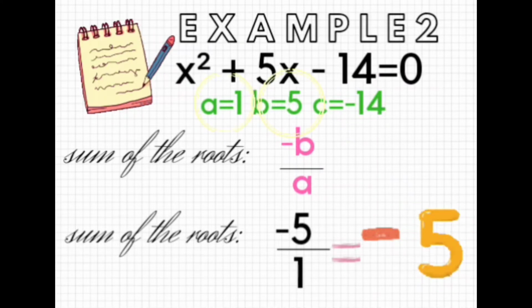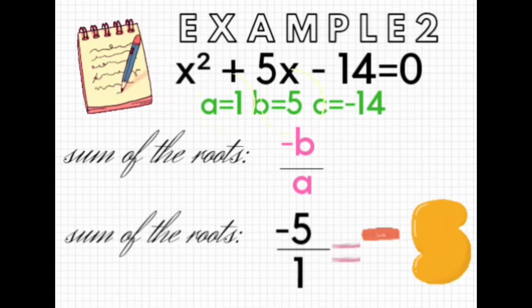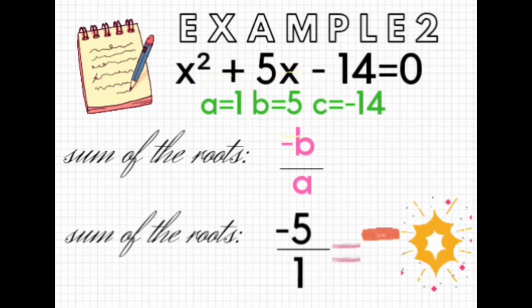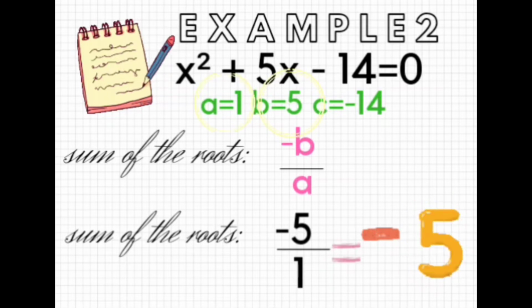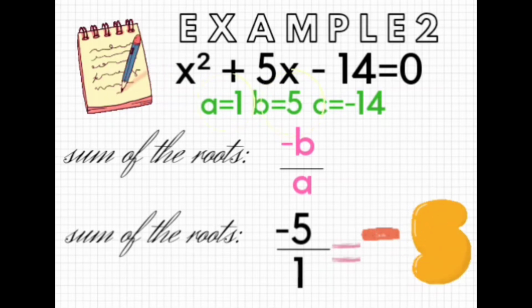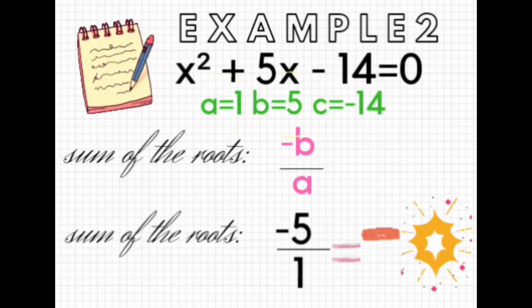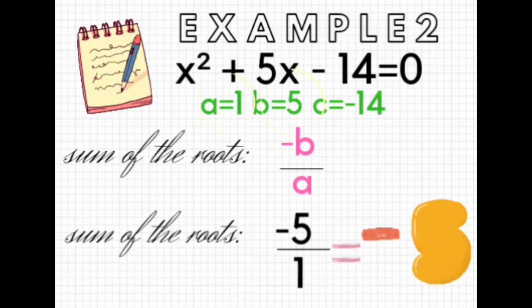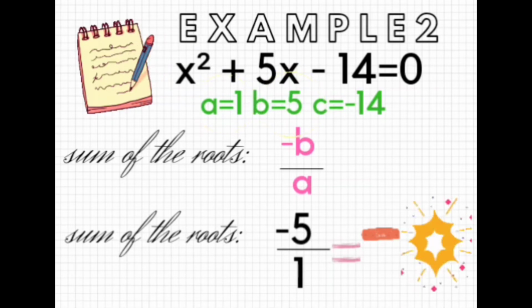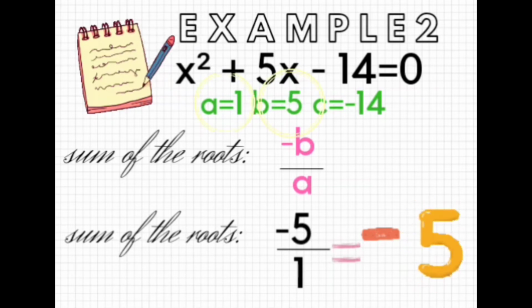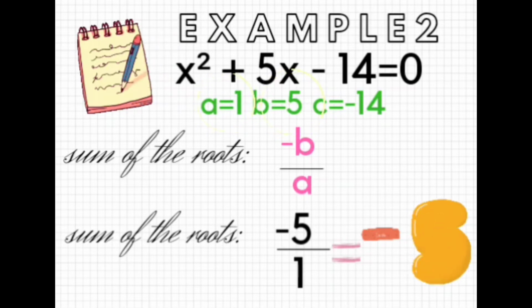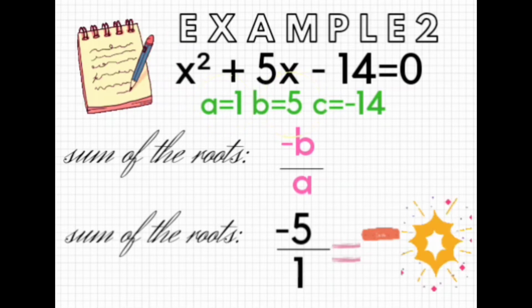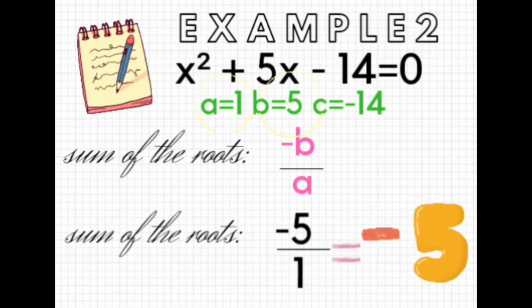Next, example number 2, we have x squared plus 5x minus 14 equals 0. The value of a is equal to 1, the value of b is equal to 5, and the value of c is equal to negative 14. To find the sum of the roots of the given quadratic equation, we will be using the formula negative b over a.